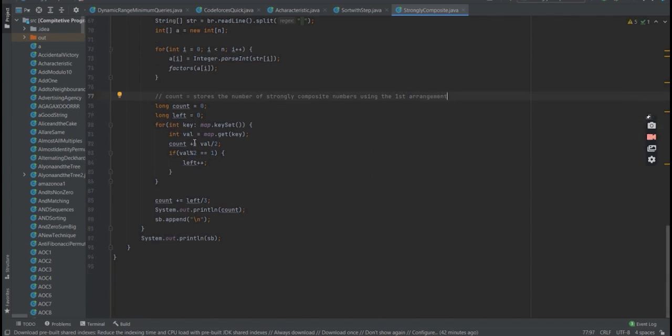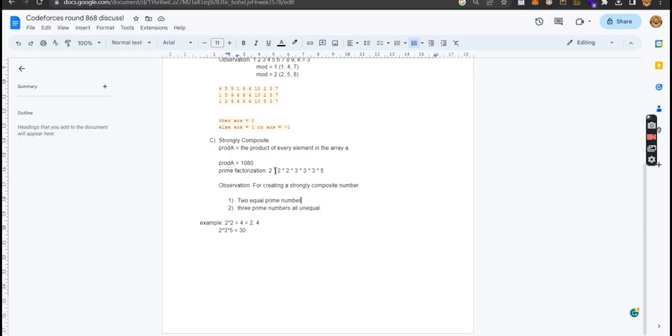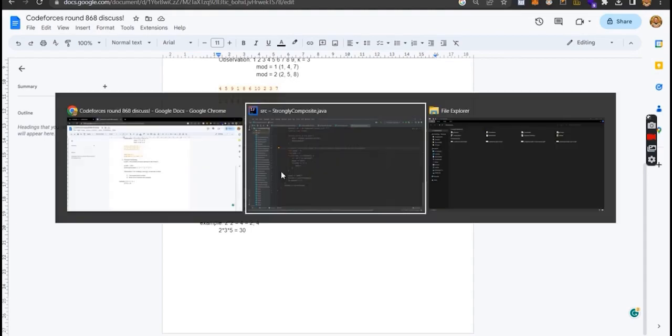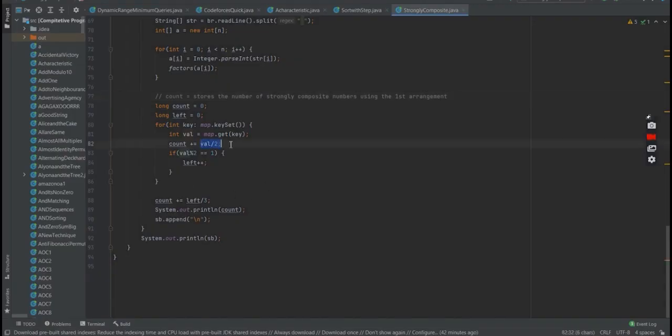So basically you can traverse the array. And for example, here the count of 2 is 3, so you can take any 2 here. And so I'm dividing it by 2.